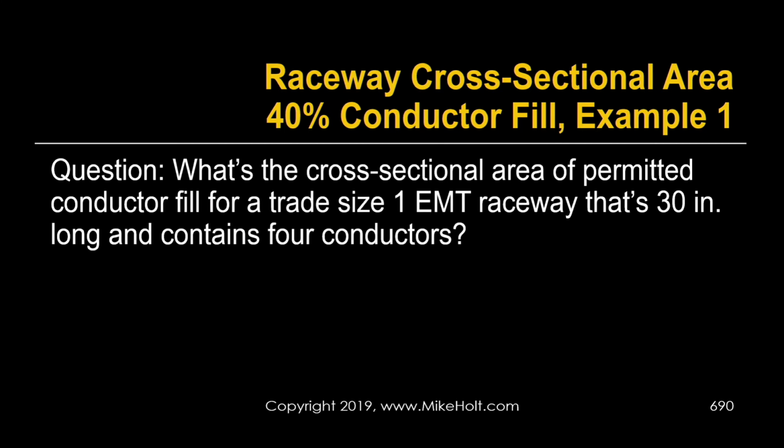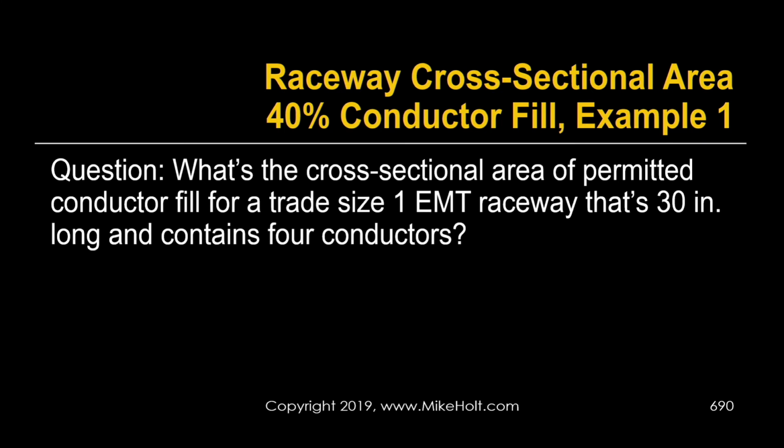All right. What is our cross-sectional area permitted for conductor fill for a trade size 1 EMT that's 30 inches long and contains 4 conductors? So if it contains 4 conductors, that's over 2 wires, right? So we'll use the 40% column.